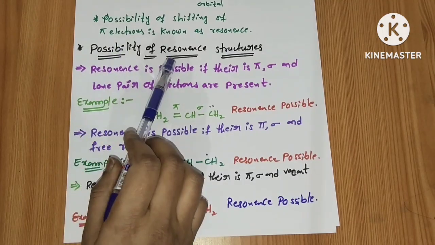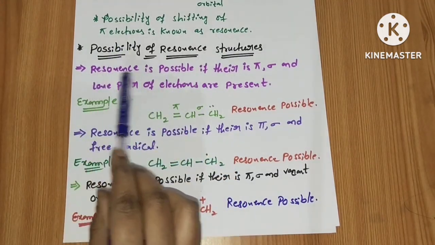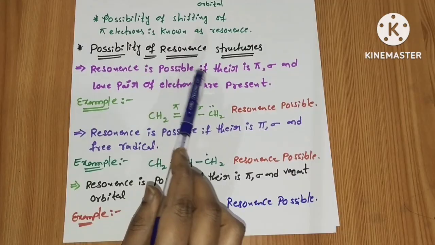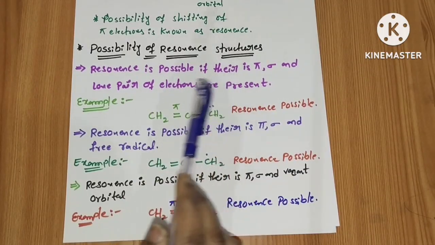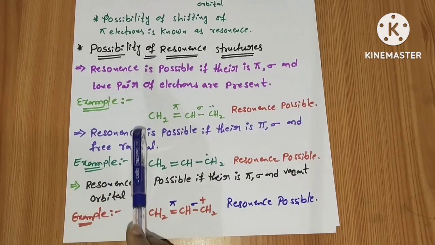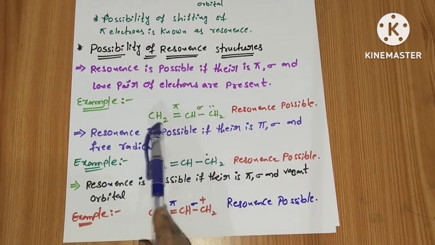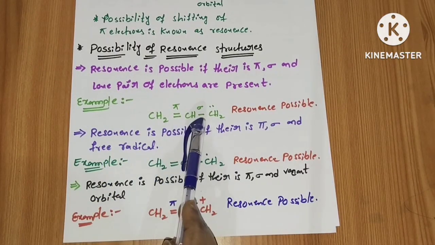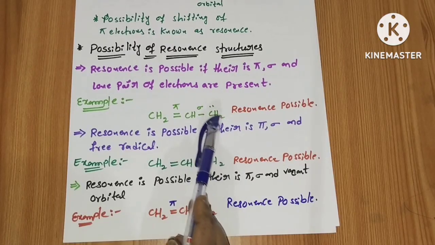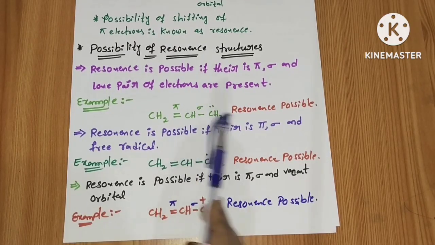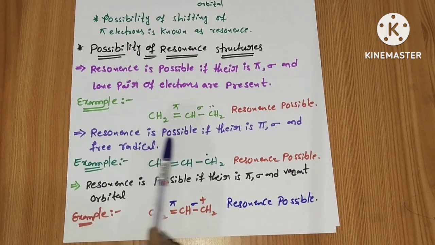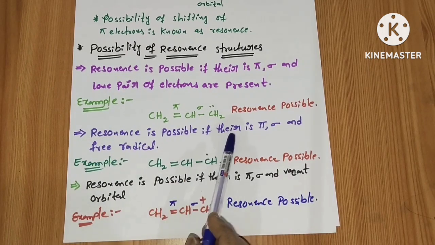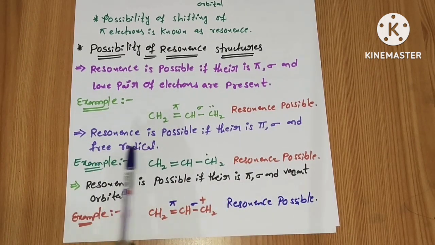Next, the possibility of resonance structures. Resonance is possible if there are pi, sigma and lone pair of electrons present. For example, consider this molecule. Here this is a pi bond, a sigma bond and a lone pair of electrons. So resonance is possible. Secondly, resonance is possible if there is pi, sigma and a free radical.